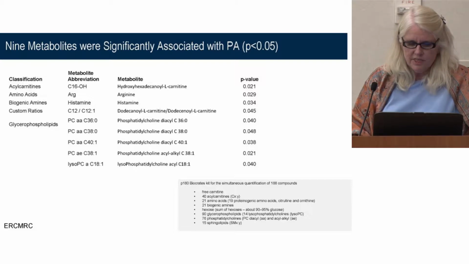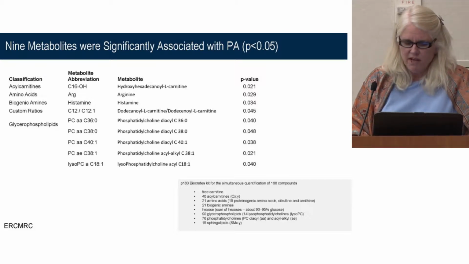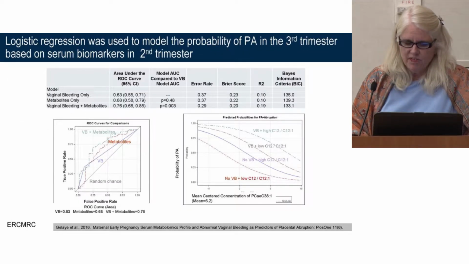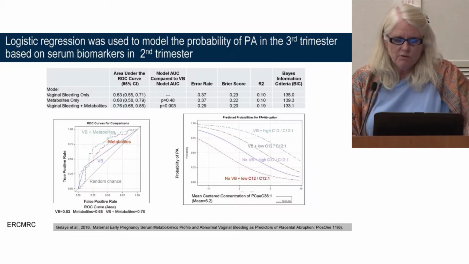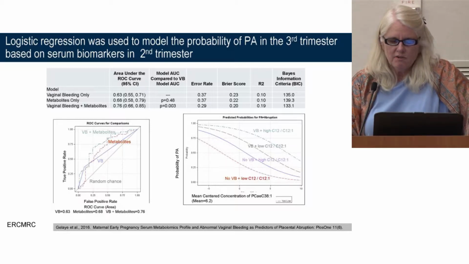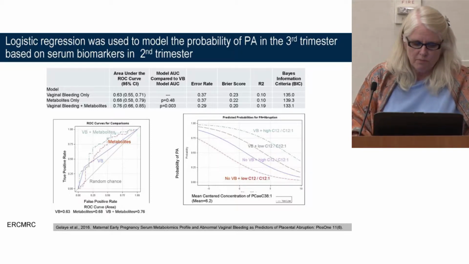And here you'll see the ones that had a p-value that was significant, significantly different between the cases and the controls of placental abruption. And then that data was modeled by logistic regression modeling to determine the probability of a placental abruption in the third trimester based on the serum biomarkers in the second trimester.